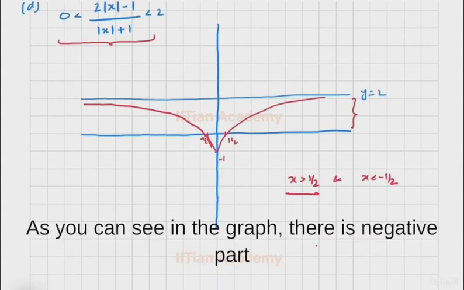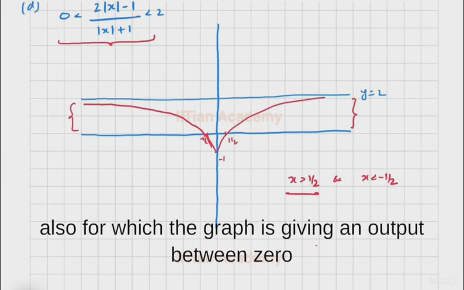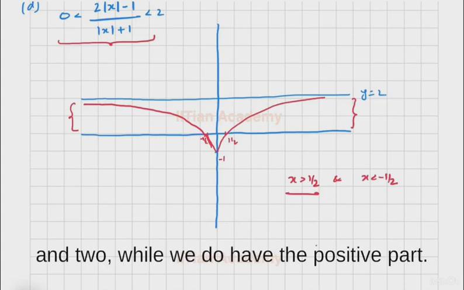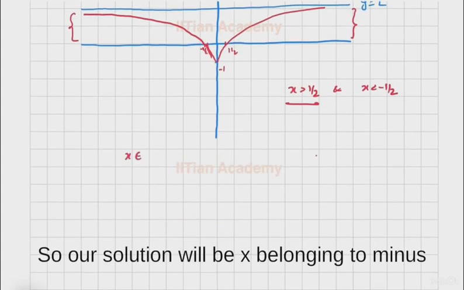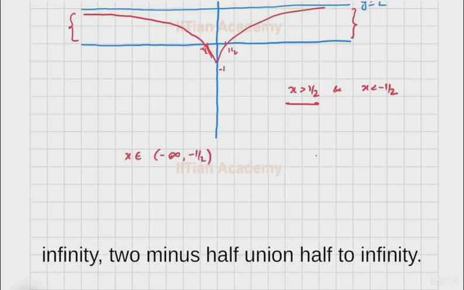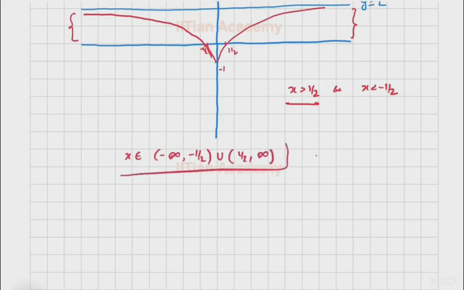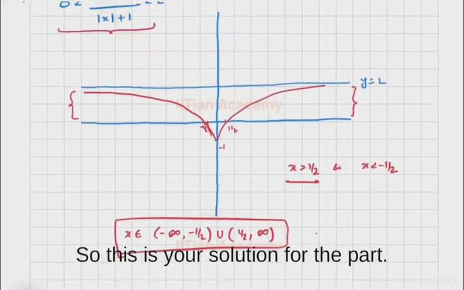As you can see in the graph, there is a negative part also, for which the graph is giving an output between 0 and 2, while we do have the positive part. So our solution will be x belonging to (minus infinity, minus half) union (half, infinity). So this is your solution for the D part.